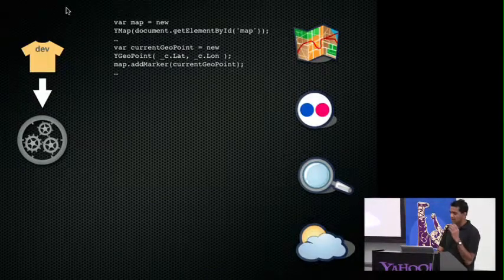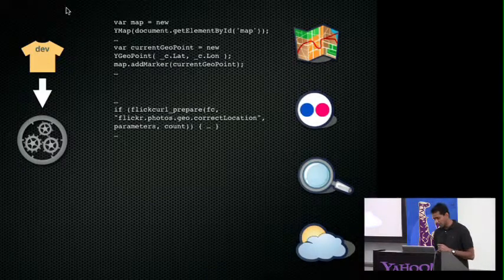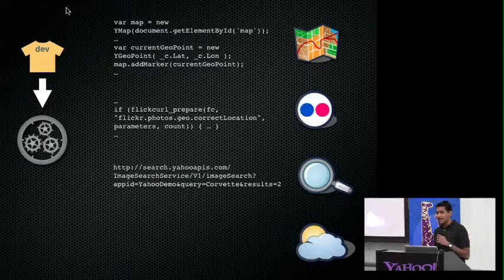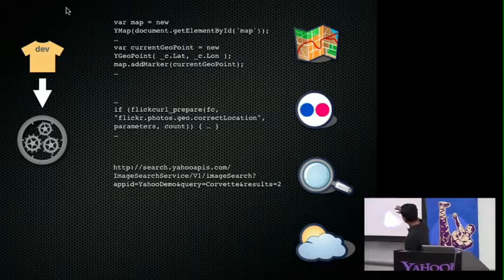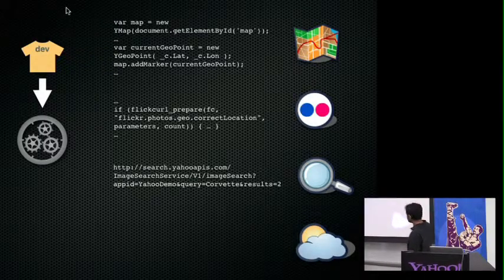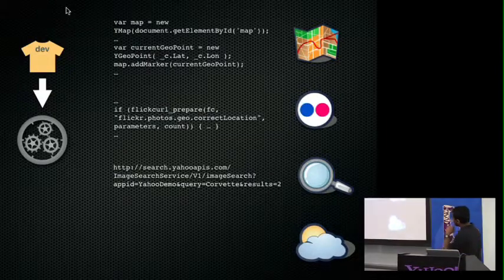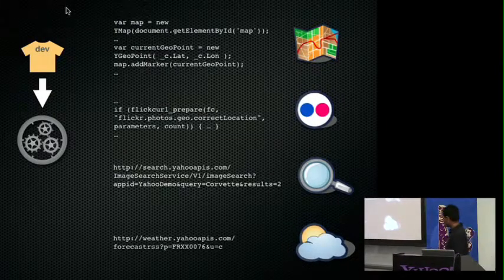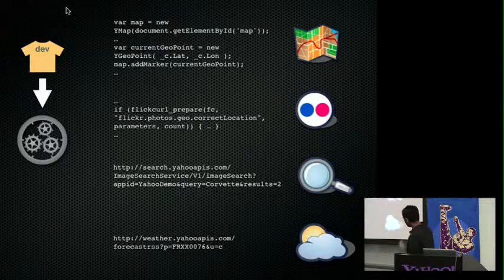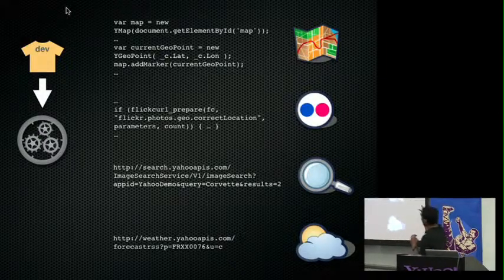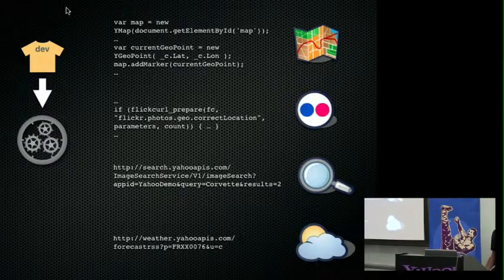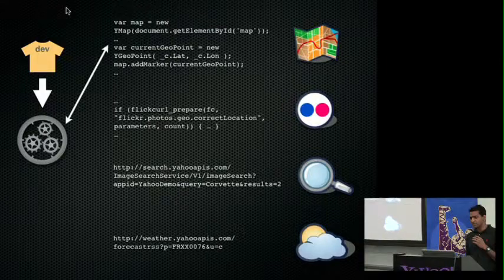You write a bit of glue code for maps, a bit for Flickr, and a different bit for search, image search in this case, and the same for weather. Here you have to enter the correct city name, format the URLs correctly, and use the API documentation to get all this information.